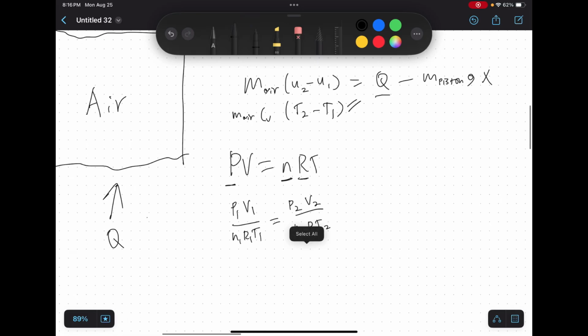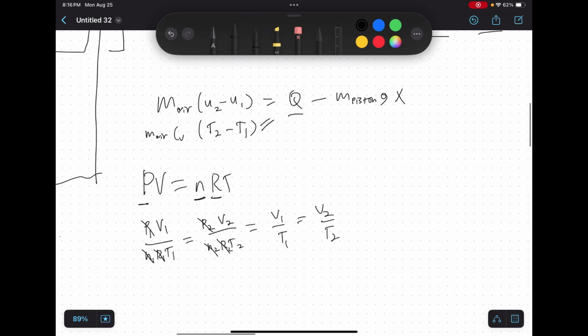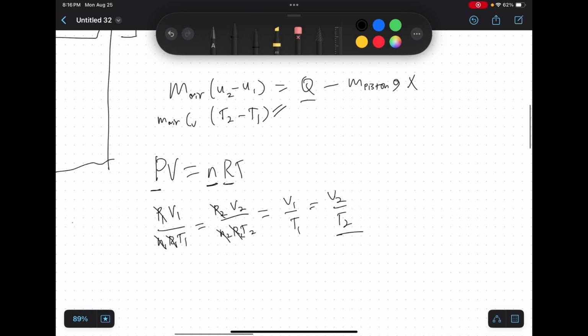Cool, and we said P1, P2 are the same, N1, N2, R1, R2. So we're left with V1 over T1 equals V2 over T2. Cool. So now we need one less variable. And how does this help? So the temperatures, they're right there. Where are the volumes though?